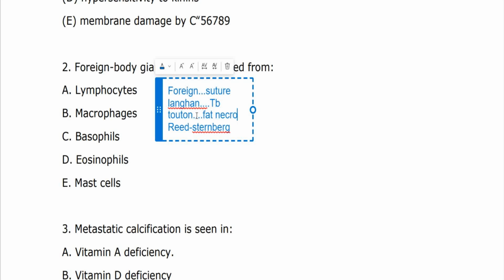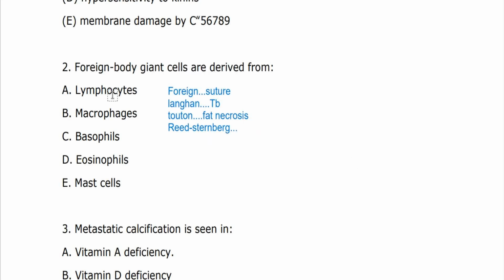Now, what is important to know is that of all these giant cells, all of them except Reed-Sternberg giant cells are formed from macrophages. So if you remember that, you can easily answer this question. Foreign body giant cells are derived from. The answer is pretty obvious now: macrophages.